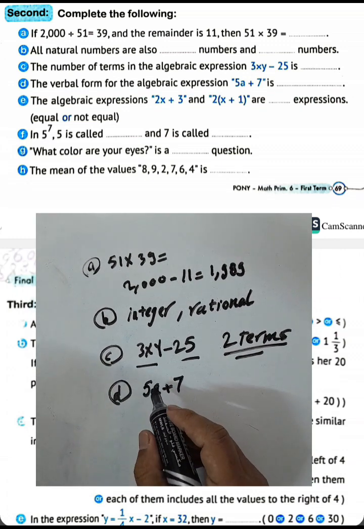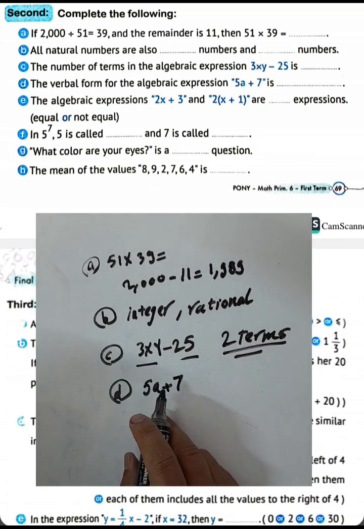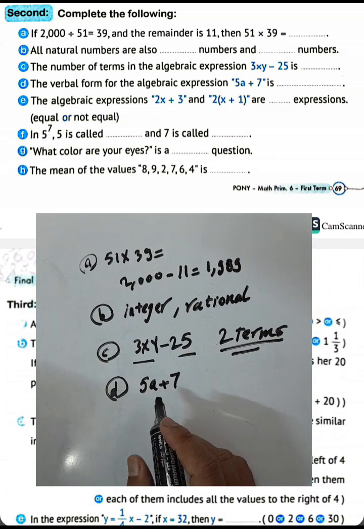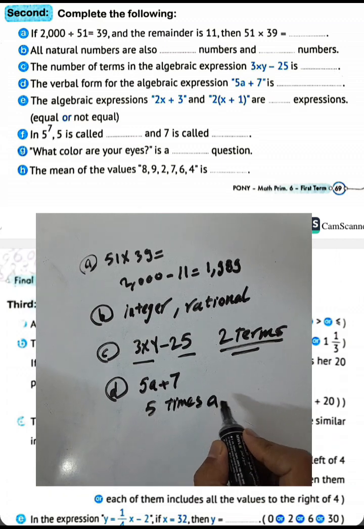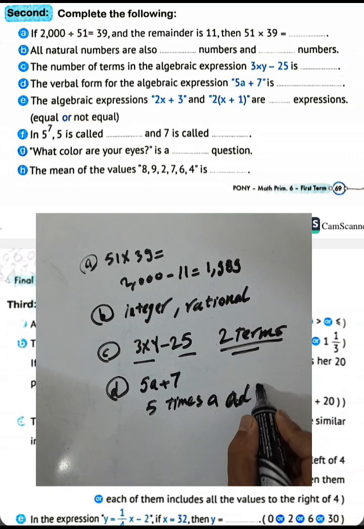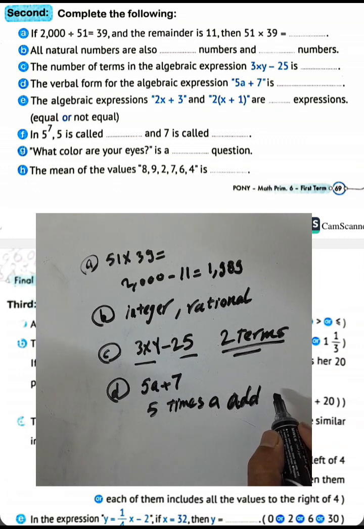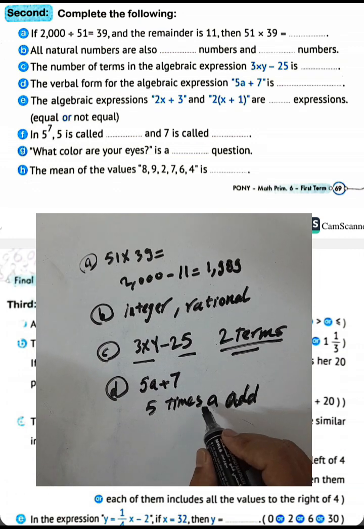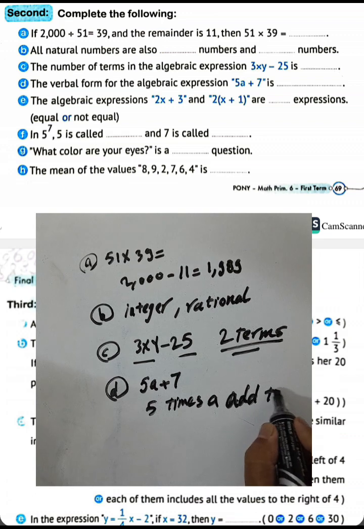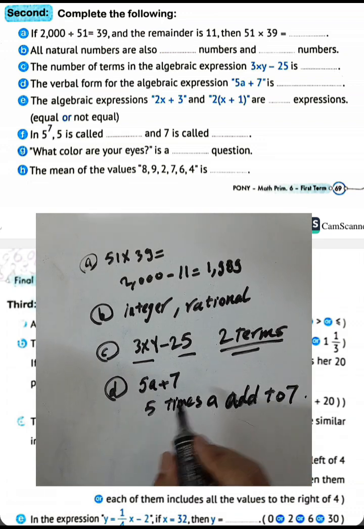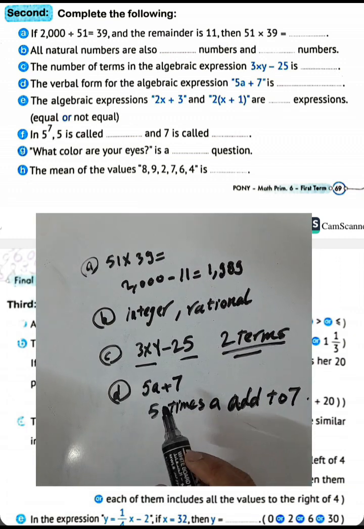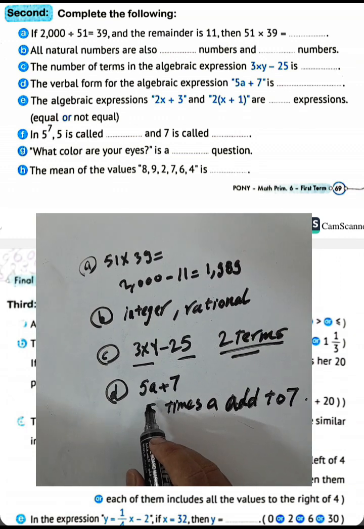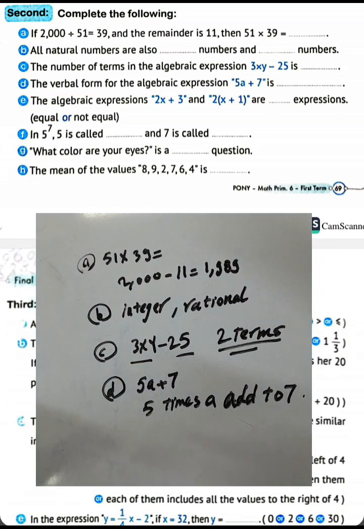We can write multiplying by 5, then add 7, or write it as you like. 5 times a, add to 7, or the product of 5 and a increased by 7, as you like, or 7 more than 5 product by a.